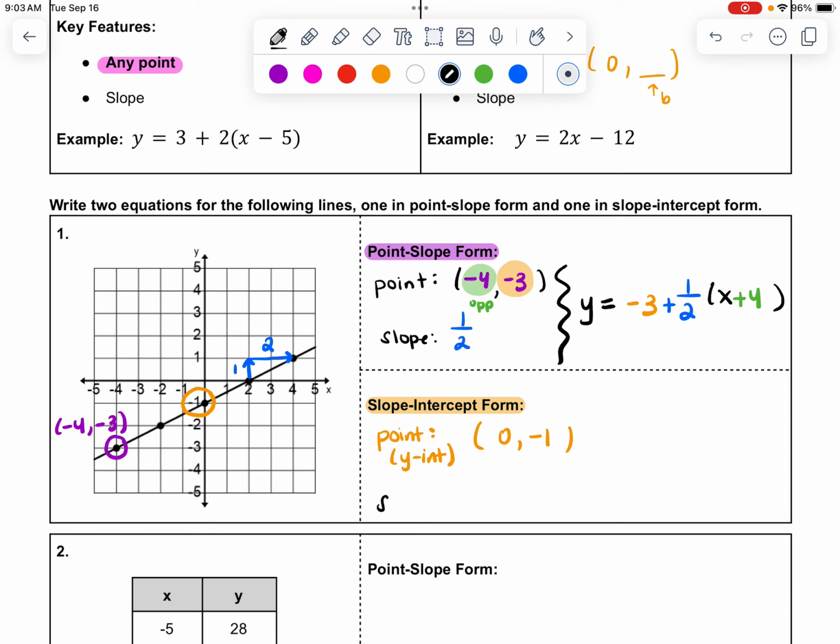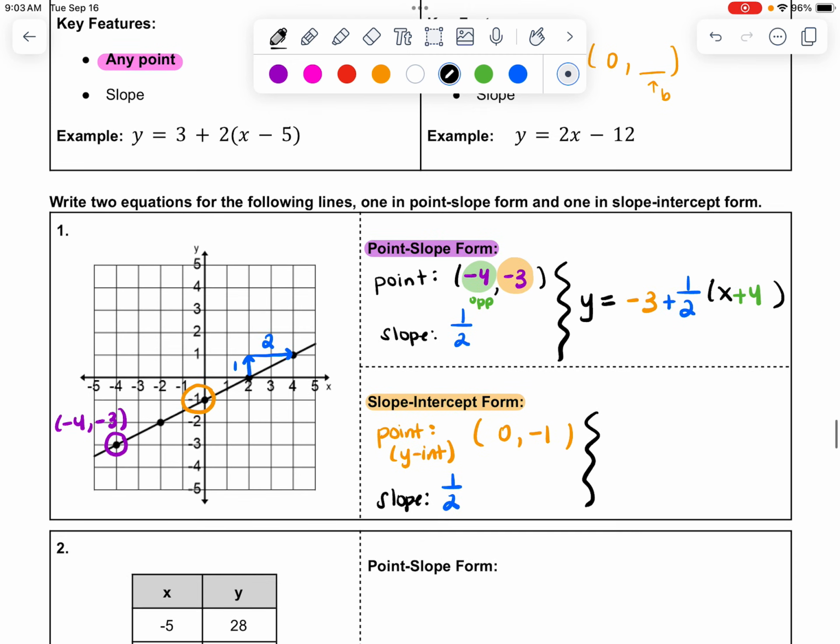And the slope is going to be the same slope I already found. It is the same line. It's just a different starting point that we're using. So if we put those key features together, the equation would be y equals m, so 1/2 x, plus b. In this case, our b is a -1, so instead of a plus, we would have a -1.